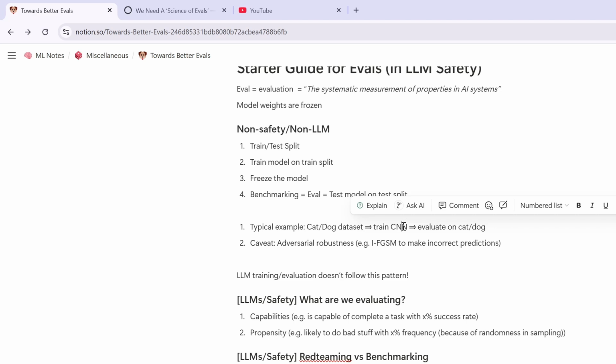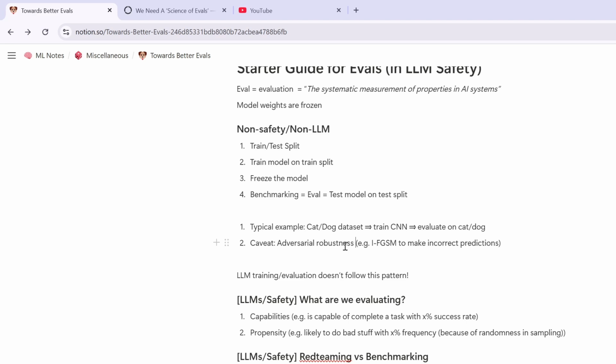A caveat is that sometimes there's other somewhat more strange things that you're evaluating for. For example, in the context of adversarial robustness, sometimes you may want to evaluate how robust this model is against input perturbations.